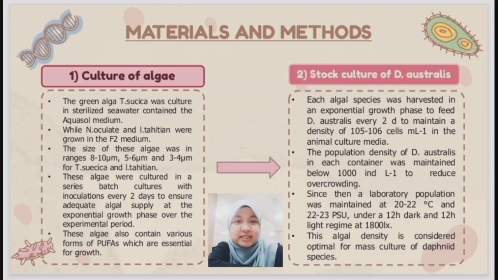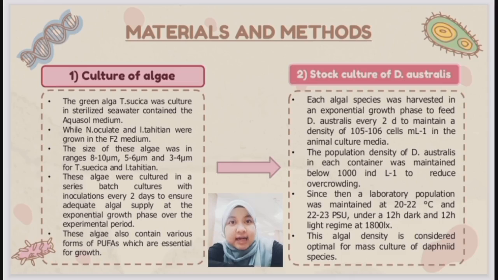Next, the second one is the stock culture of Daphniopsis australis. Each algae species was harvested in the exponential growth phase to feed Daphniopsis australis every 2 days to maintain a density of 10^5 to 10^6 cells per milliliter in the animal culture media.